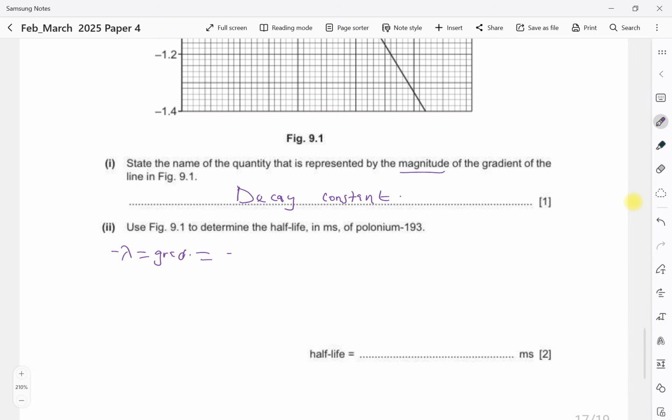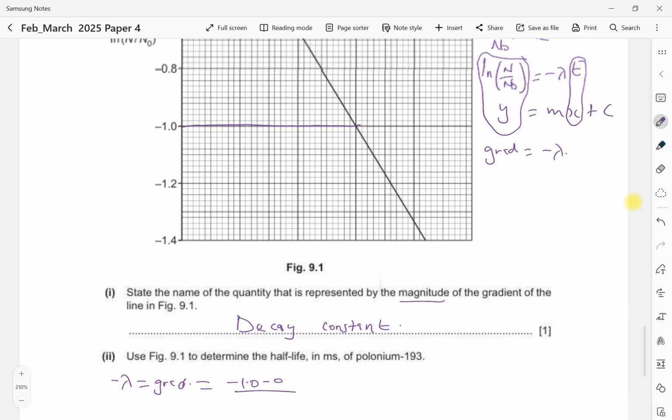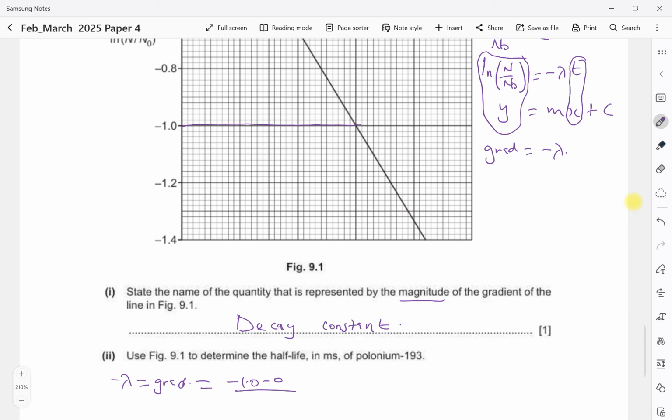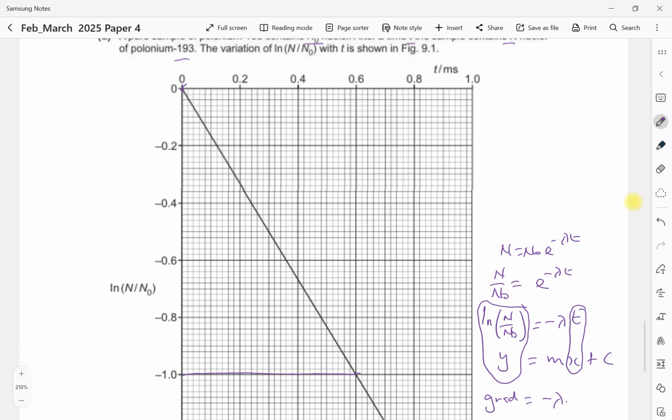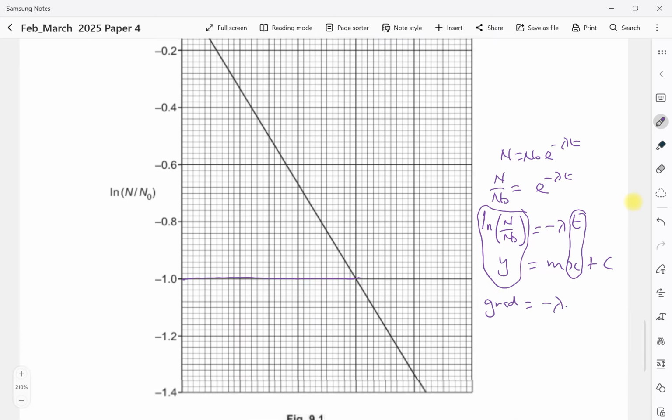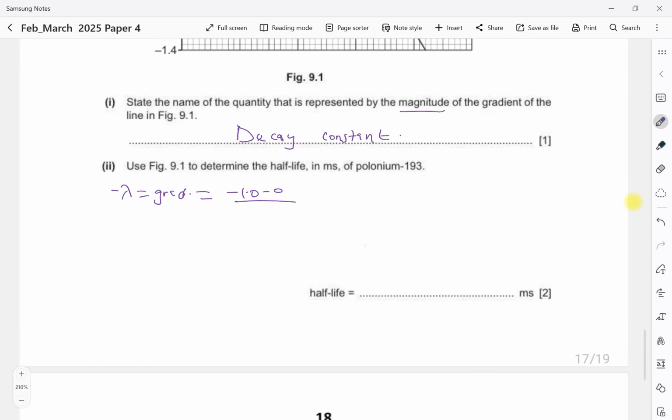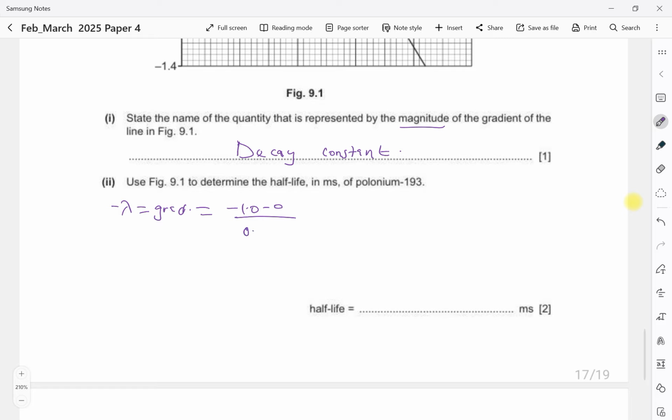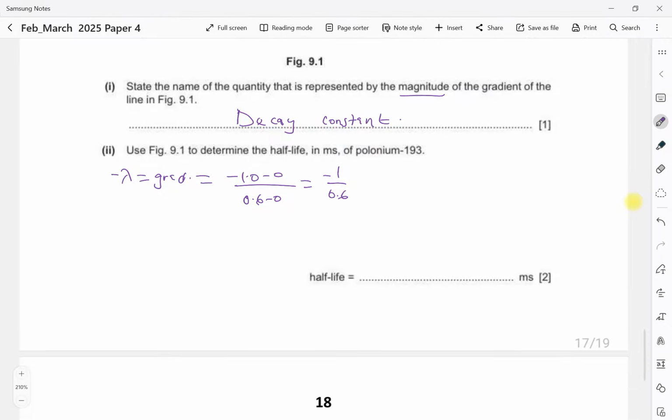So this is going to be negative 1.0 minus 0 divided by the corresponding value of t. t is equal to 0.6. You can choose any other pair of values. So this is 0.6 minus 0. This gives us negative 1 over 0.6. So that means the decay constant is equal to 1 over 0.6.